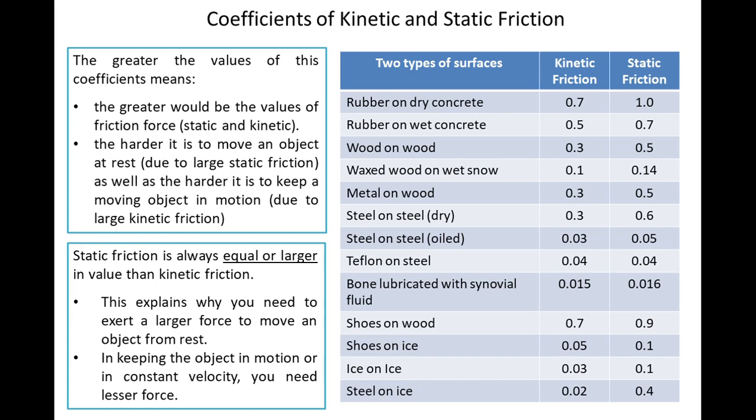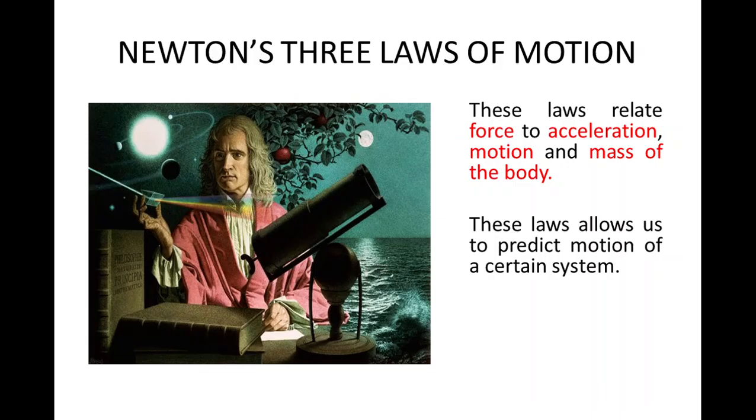Also, static friction is always equal or larger in value than the kinetic friction. So this explains why you need to exert a larger force to move an object from rest, while you only need a lesser amount of force in keeping the object in motion or keeping it at constant velocity.